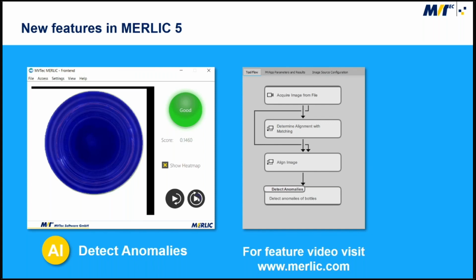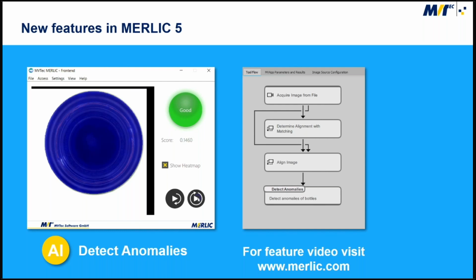But in our case, we do not really have enough pictures to train the bad classes. And especially if you set up your application or you start your ramp up phase in your production, the anomaly detection is a very helpful tool, because good images, I think you have more or less from the start of your production. But really a data set of bad images with different kinds of defects is mostly not available. And this is exactly when you start with anomaly detection.